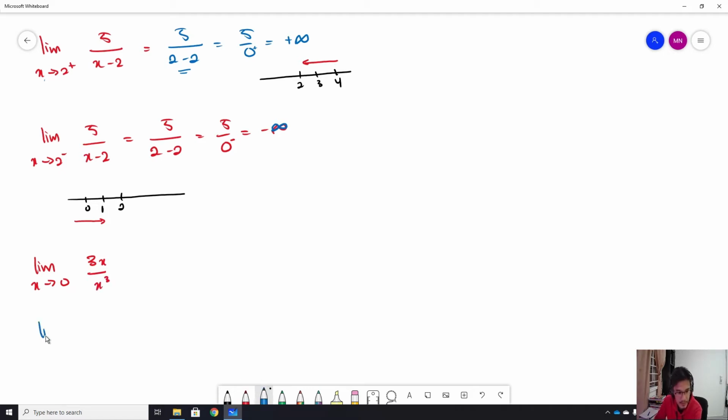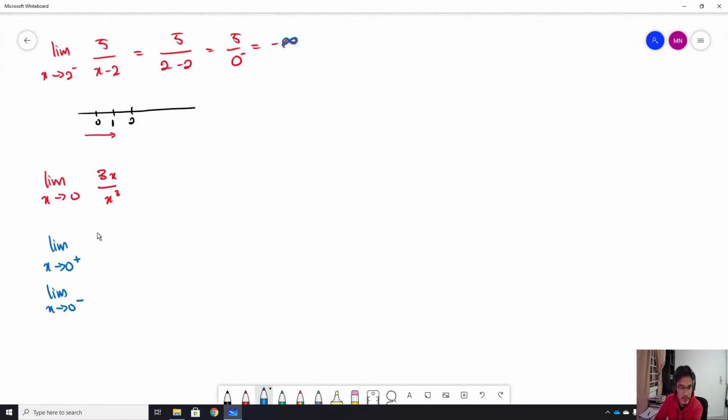We have the limit as x approaches 0 from the right, and the limit as x approaches 0 from the left, of 3x over x to the power of 3. x can be divided, so we are left with 3 over x squared.